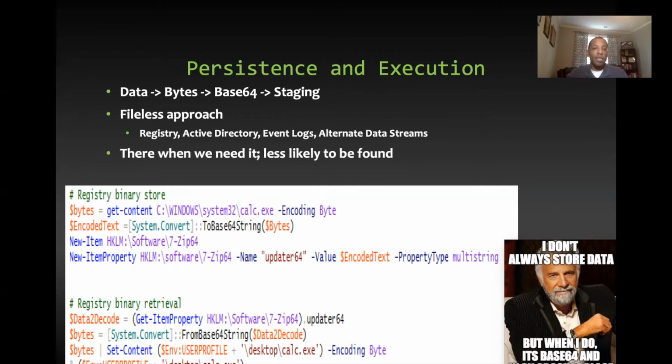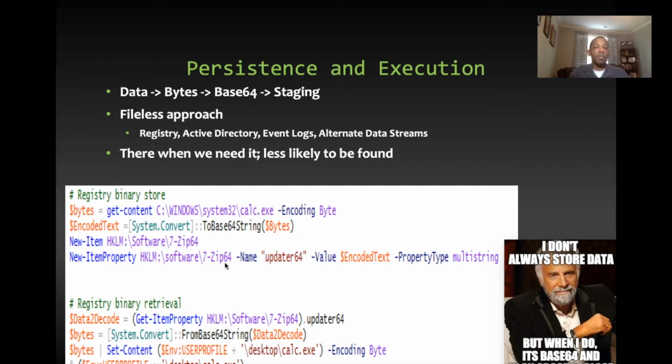Now, here's me taking just calculator and converting and going through that process. And what we'll see at the end is I'm converting that calculator to base 64, and I'm storing it in a key called software and another key called 7zip64.